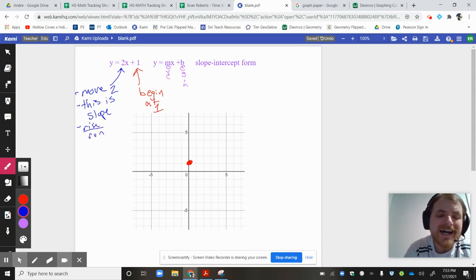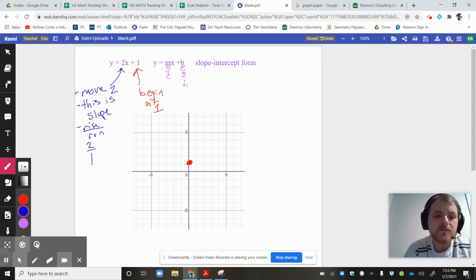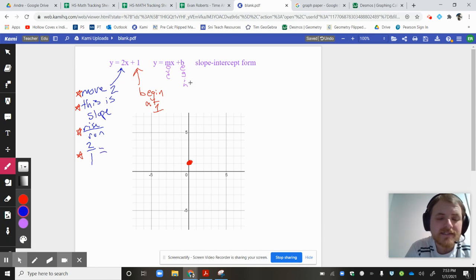So it's not in a fraction form right now. It's just 2. So I really want to write this as 2 over 1. Now, since it's in that 2 over 1 form, since it's a positive 2 and a positive 1, what that really means is I need to move up 2 and right 1.